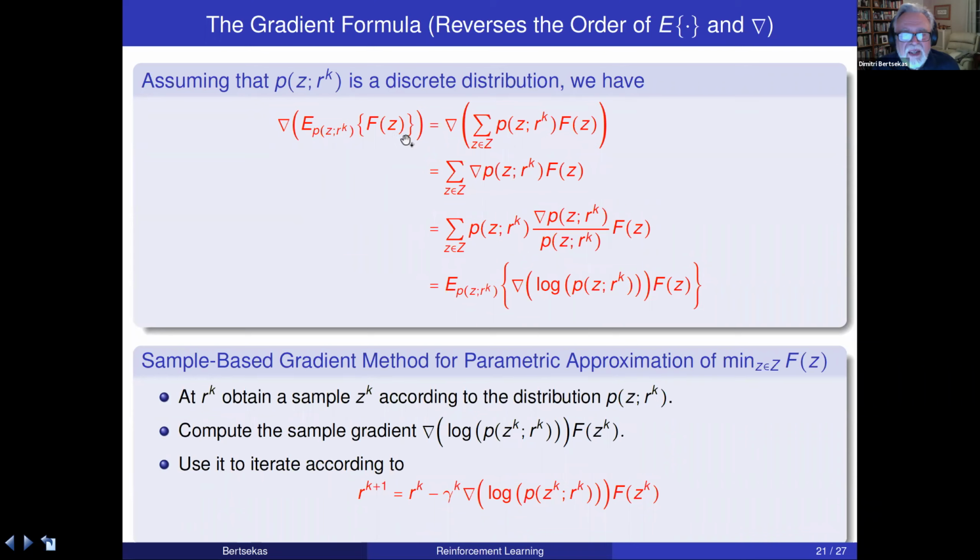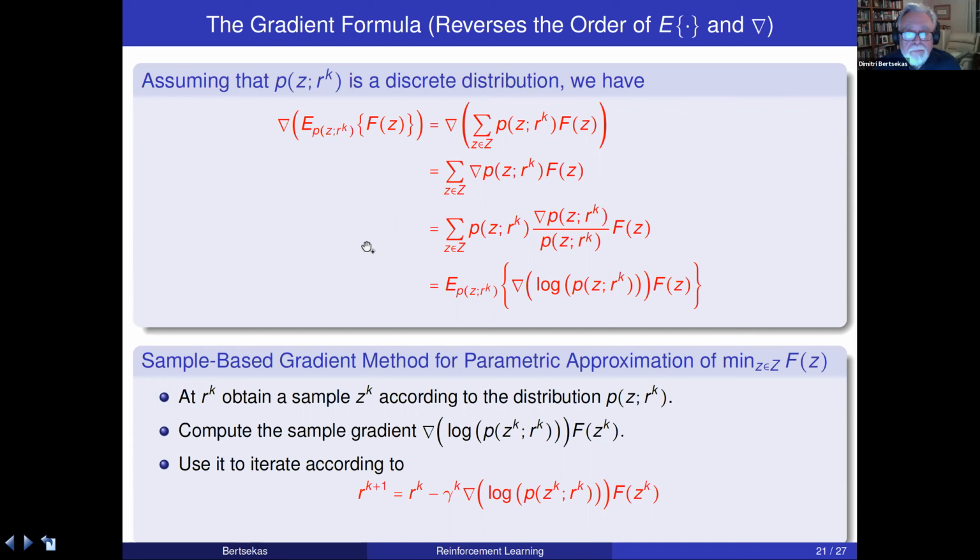So just to be on the safe side when doing these calculations, I have assumed a discrete distribution, so that Z here is just a finite set, rather than an infinite set. For our practical purposes, this is not really something to be concerned with. Okay, yeah, that makes sense.